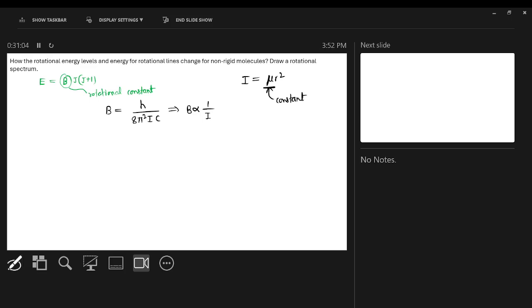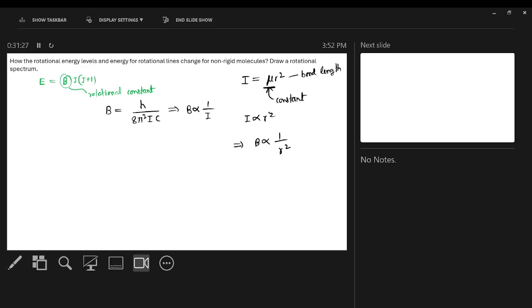So what is changing here? This r, this bond length, is changing, meaning I is directly proportional to r square. So we can write here B is inversely proportional to 1 by r square.